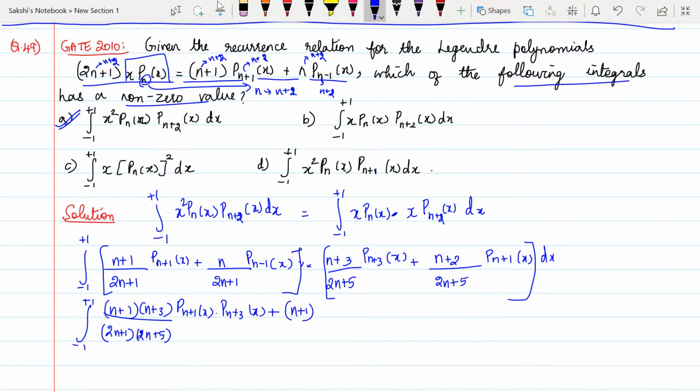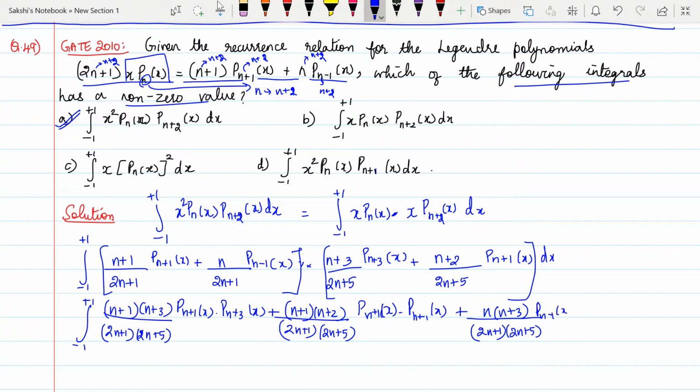Similarly, n plus 1 into n plus 2 divided by 2n plus 1, 2n plus 5, Pn plus 1 of x into Pn plus 1 of x, plus n into n plus 3 divided by 2n plus 1, 2n plus 5, Pn minus 1 of x Pn plus 3 of x, plus n into n plus 2 divided by 2n plus 5, 2n plus 1, Pn minus 1 of x Pn plus 1 of x.